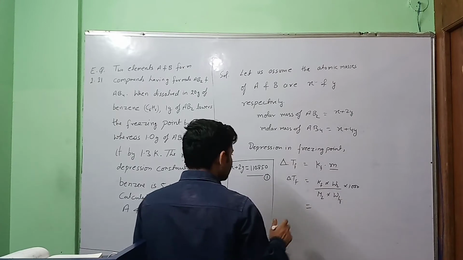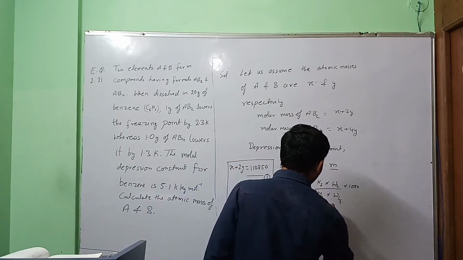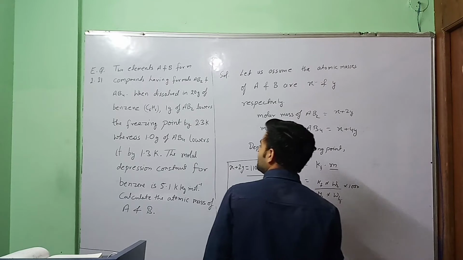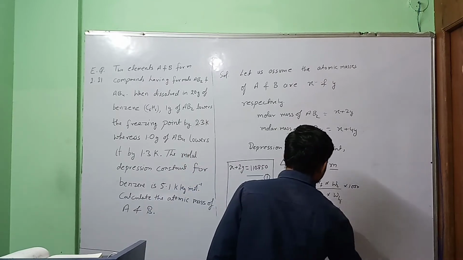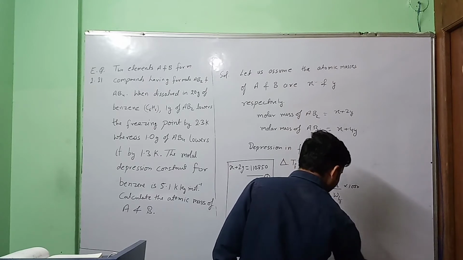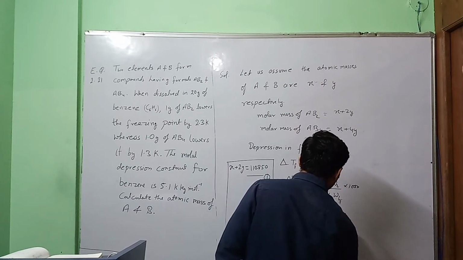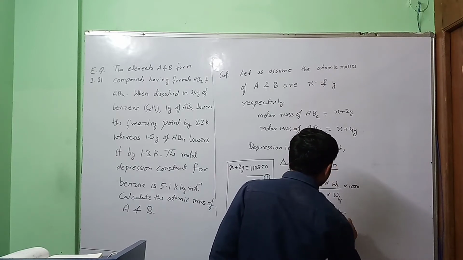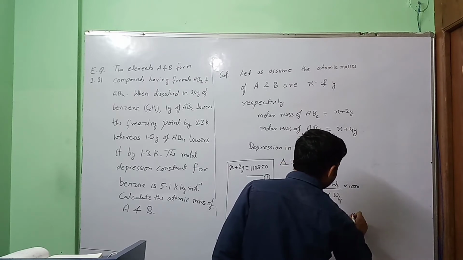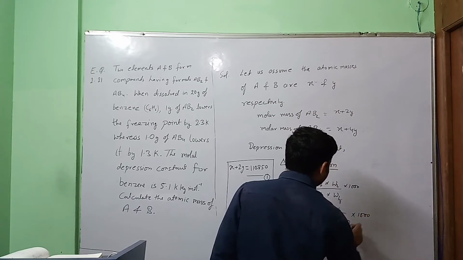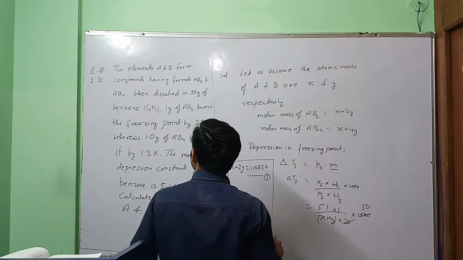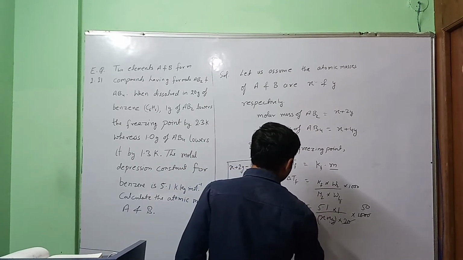Now putting the values, KF is 5.1, W2 is 1 gram, M2 is X plus 4Y, W1 mass of solvent is 20 gram, into 1000. This we can cancel as 50 times. Delta TF is given as 1.3.